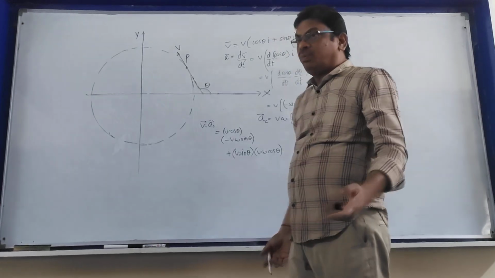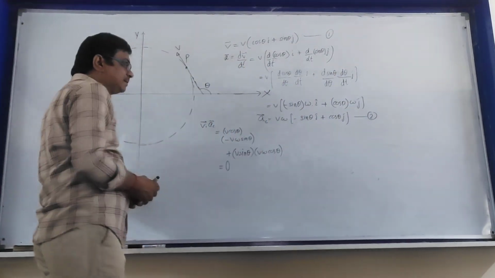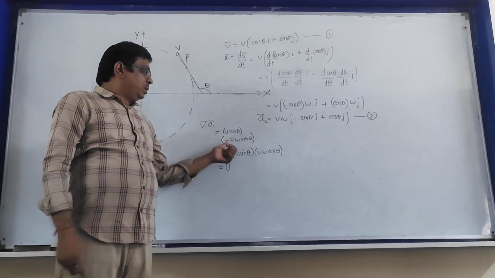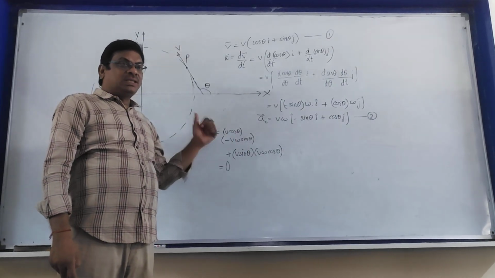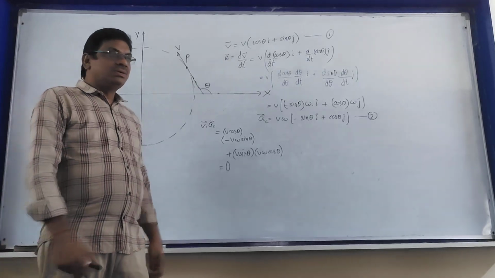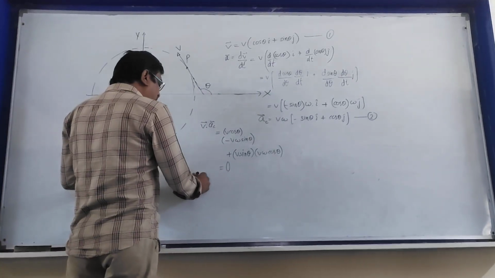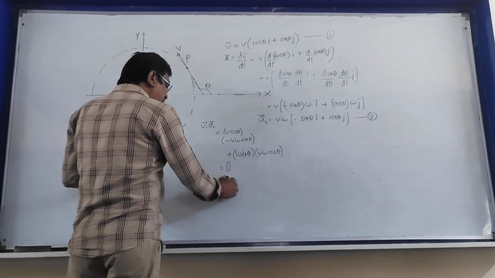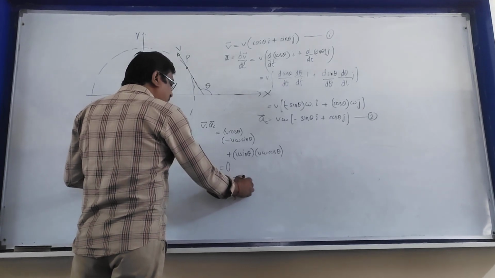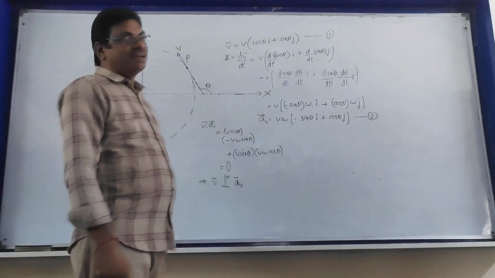You see that both are equal and opposite: minus v square omega cos theta sin theta plus v square omega cos theta sin theta is 0. So if the dot product of two vectors is 0, that clearly implies that vector v is at right angles to vector a.